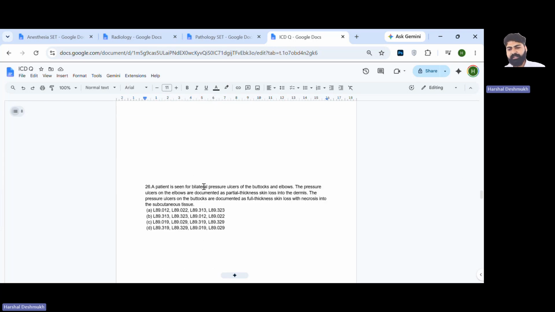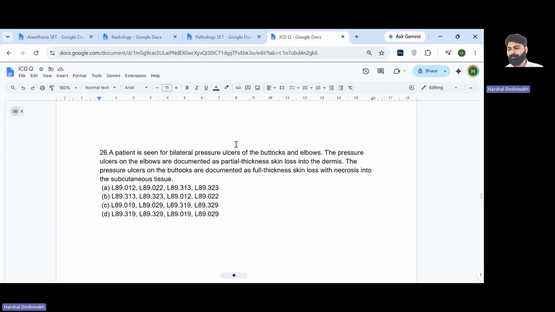A patient is seen for, you know what? I should have done this before. I'm really sorry. A patient is seen for bilateral pressure ulcers of the buttocks and elbows. The pressure ulcers on the elbows are documented as partial thickness skin loss into dermis.